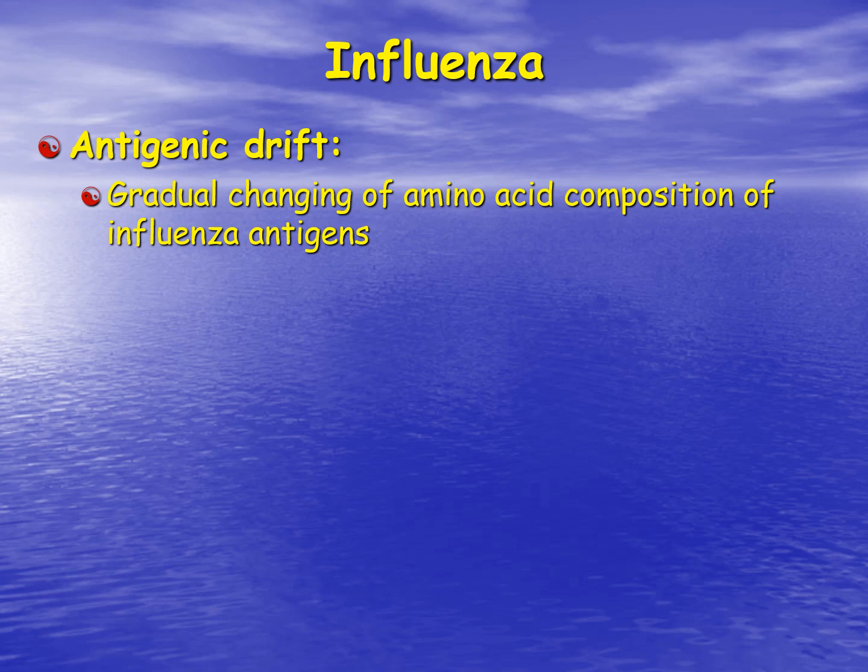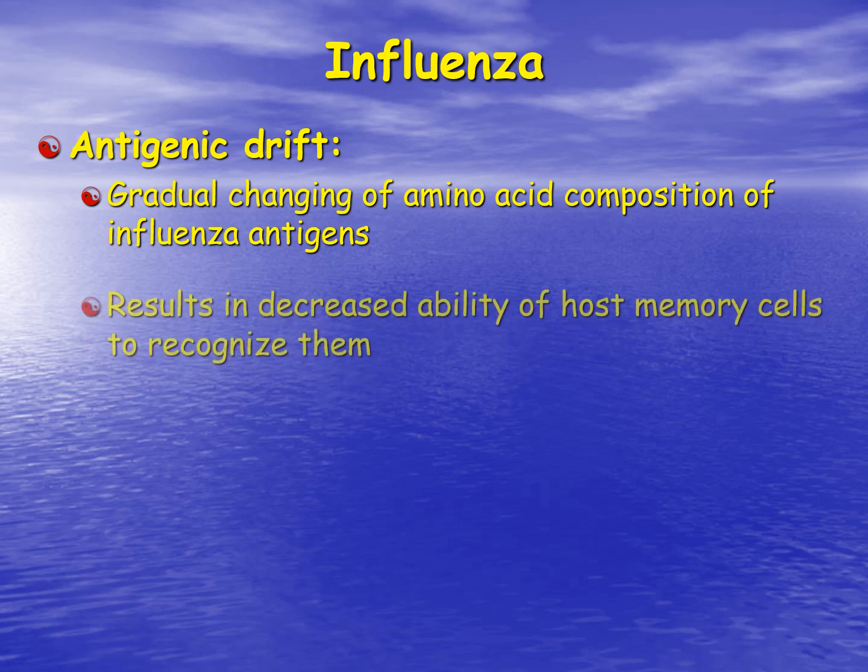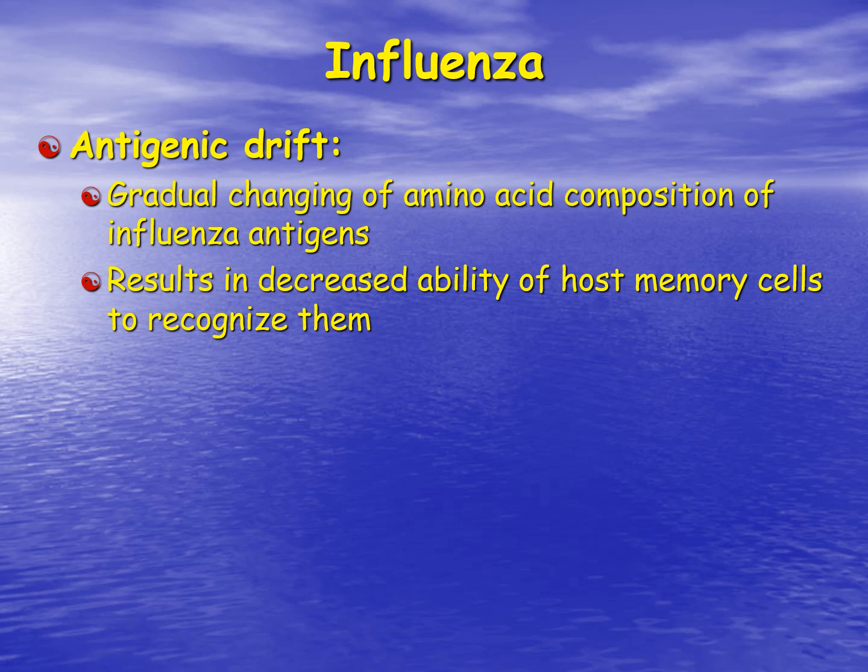And this is usually due to point mutations within the genetic code. Each time we change the composition of the influenza antigen, the immune system has to go back and start over with a primary immune response because it has no memory to this now, quote, new antigen.